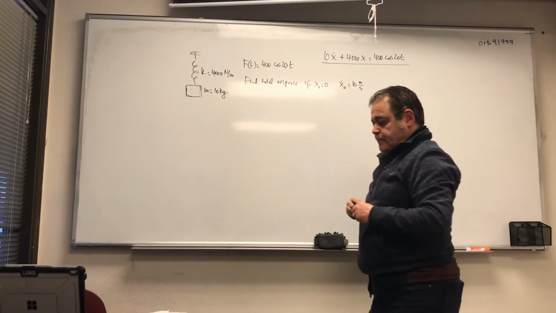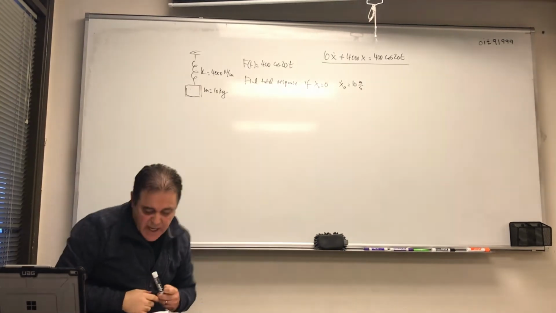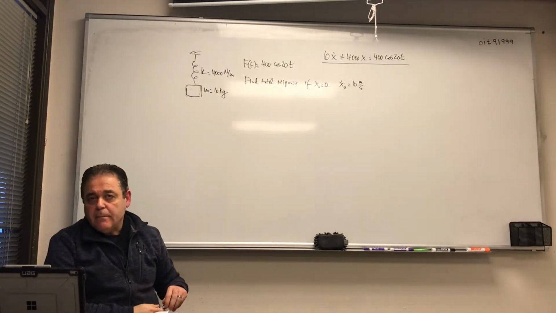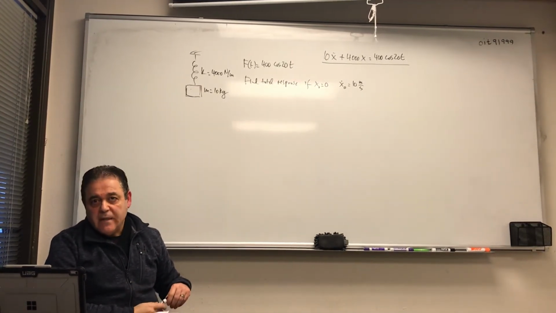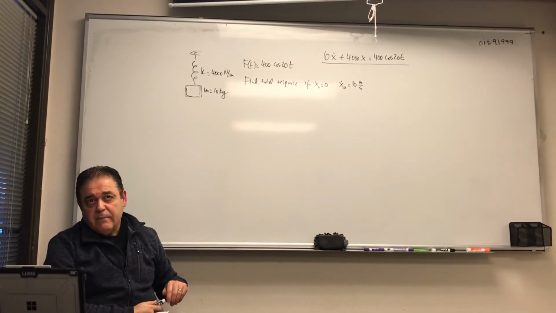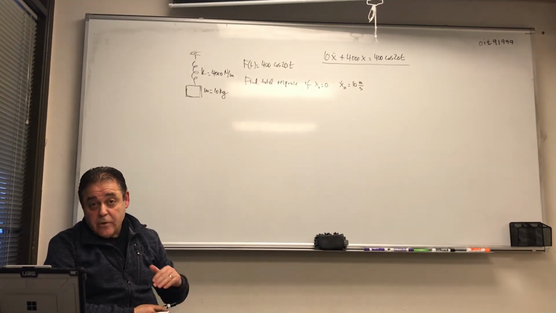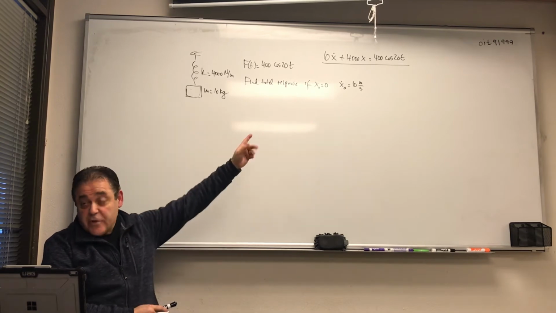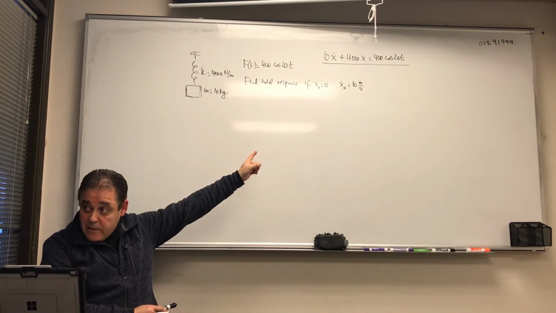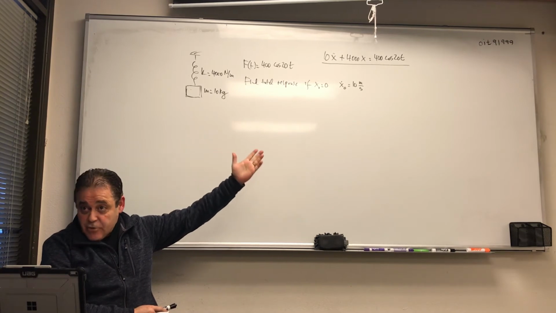Now, is this a damped or an undamped problem? Undamped. For an undamped problem, you really have to be very careful about what your forcing frequency is, which is 20, and how it compares to your natural frequency.